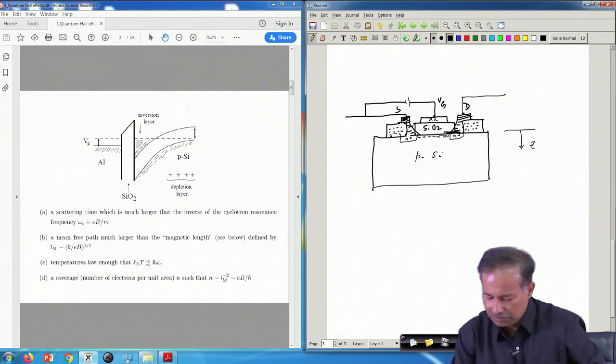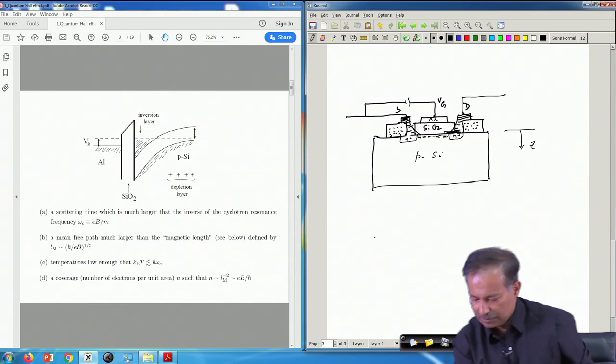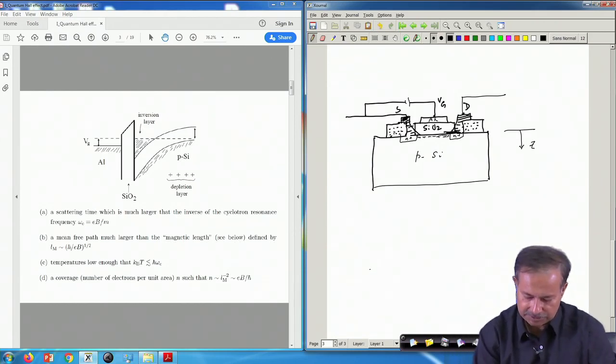If I draw the energy diagrams in this system, let's just draw it.